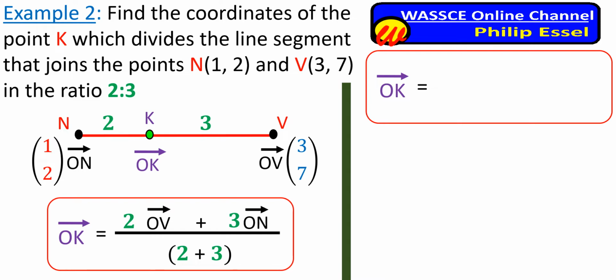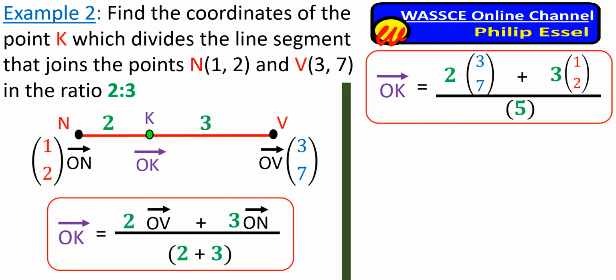So at this point we'll just substitute the position vectors ON and OV into the equation to get the position vector OK. So let's quickly do this.